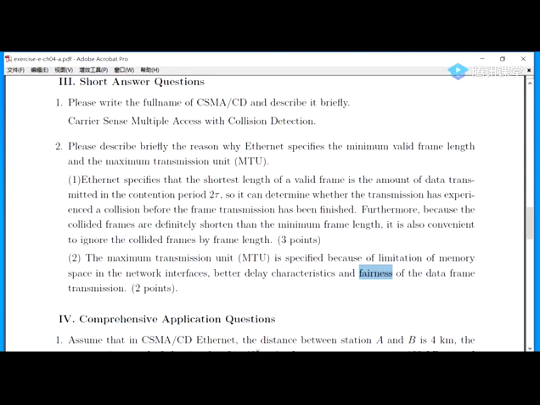Okay. So the maximum transmission unit, MTU, is specified because of limitation of memory space, better delay characteristics, and better fairness of transmission, right?